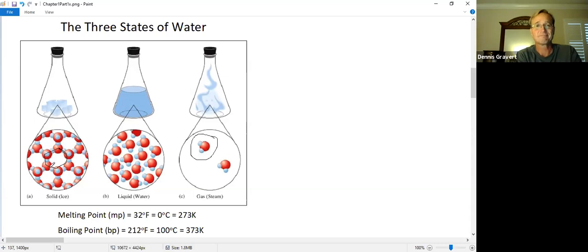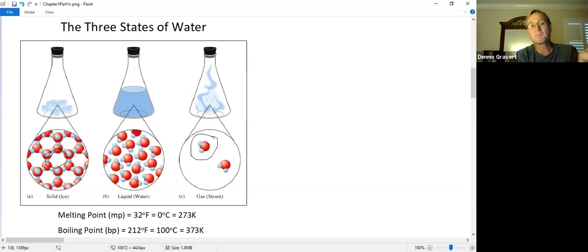Cool. All right, so the take-home messages here. To change among the three states of matter, temperature is what you want to change. And temperature is proportional to the speed of the molecules. The hotter the temperature, the faster the molecules are moving. So if the temperature is low, that means low speed. These water molecules might be vibrating in place, but they're stuck tightly together as a solid.